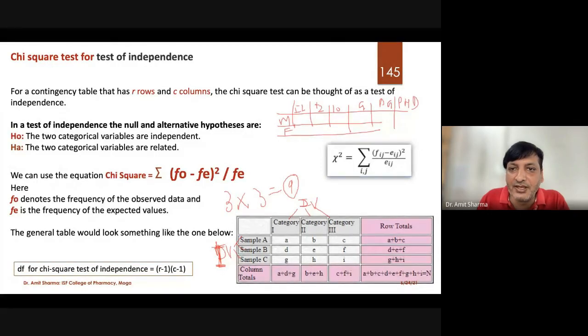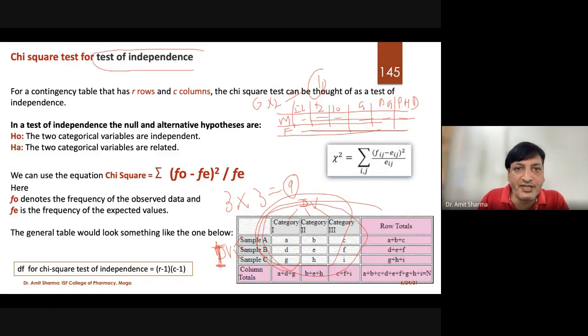So this will be called a 6 by 2 table, total will be 12. 12 cells will be there: 1 2 3 4 5 6, then again 6 at the bottom. So 6 and 6 again, like this. So this is an example of a contingency table. This we get mainly in case of test for independence.